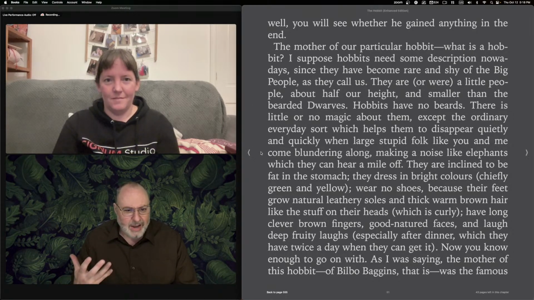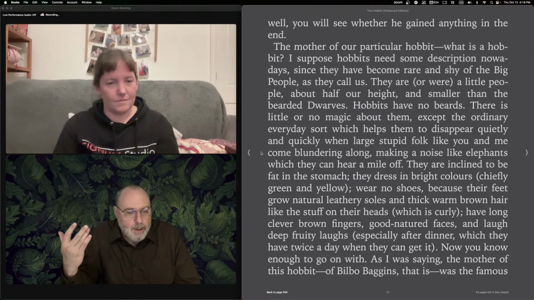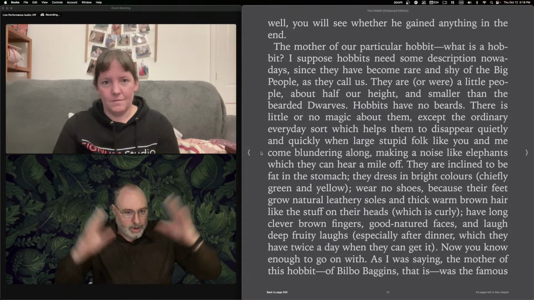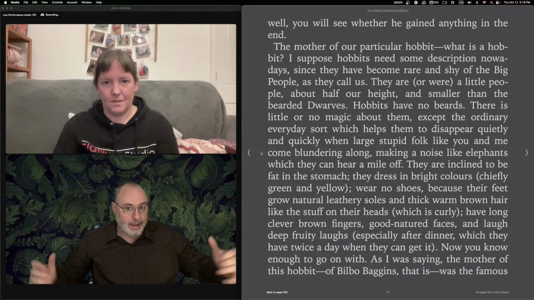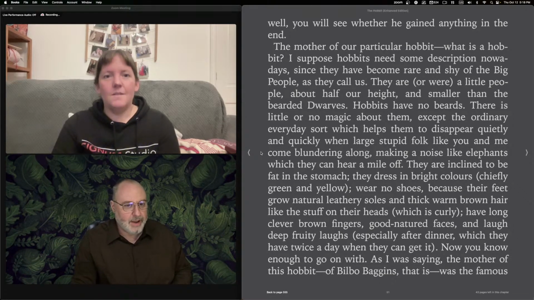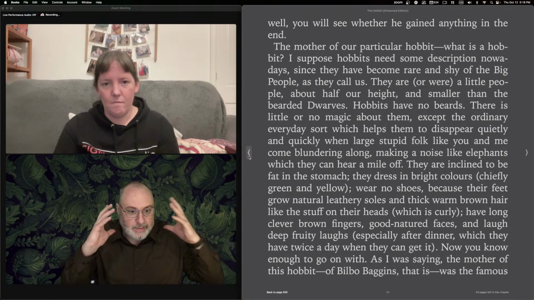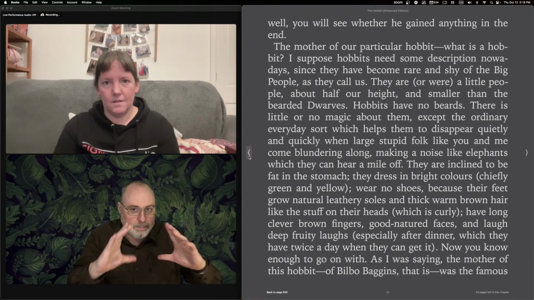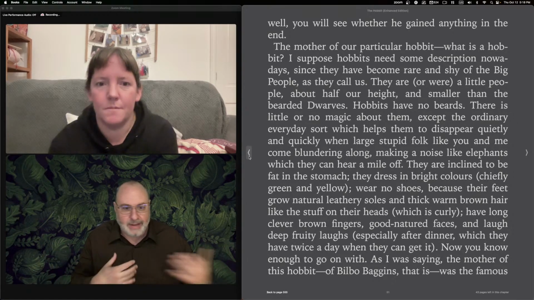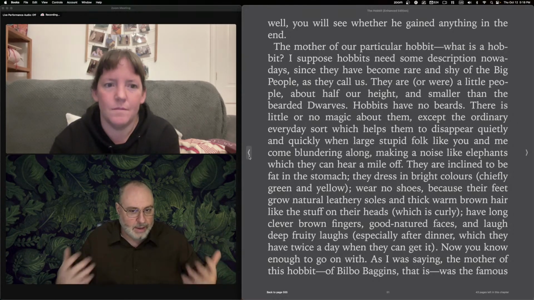But again, we're not given a physical description of Bilbo. Does he have a big nose? Does he have heavy eyebrows? All we're given is, here's what hobbits in general are like. Now back to Bilbo, our own particular hobbit. And again, that's so typical. People will build from this a very clear picture of Bilbo, not even realizing how much of that is coming out of their own imagination.